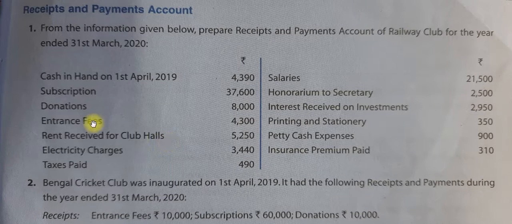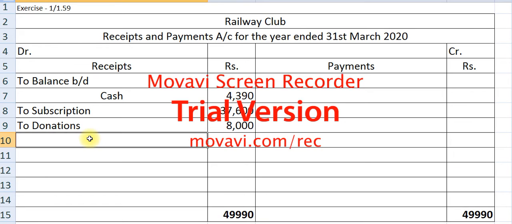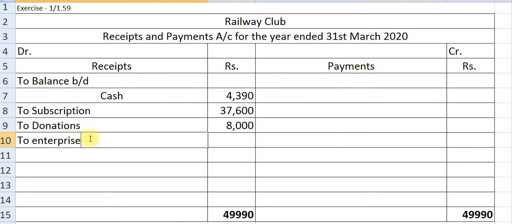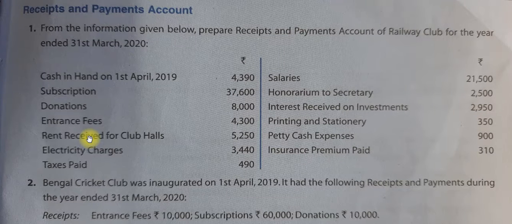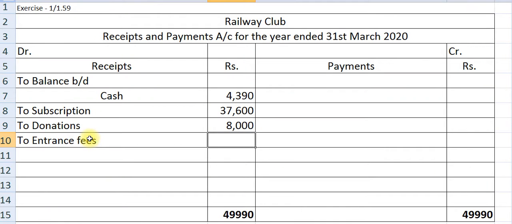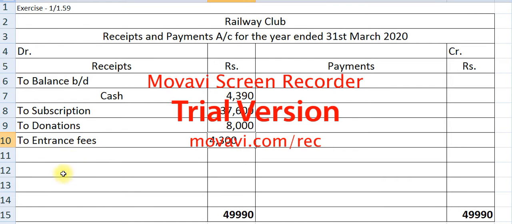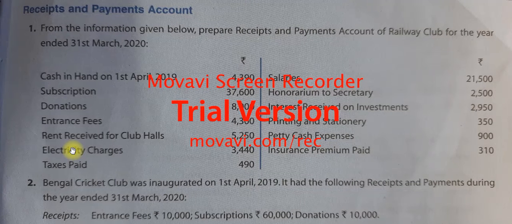Next, entrance fees. To entrance fees, 4,300 rupees. Because this is receipt.